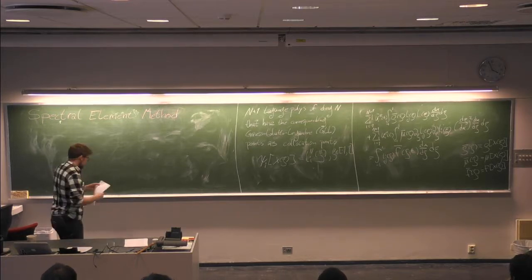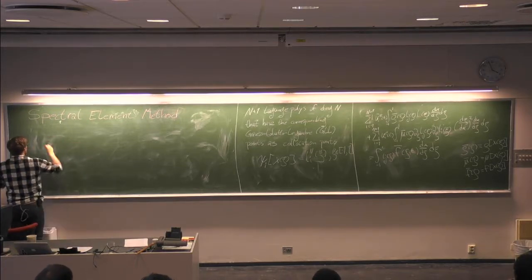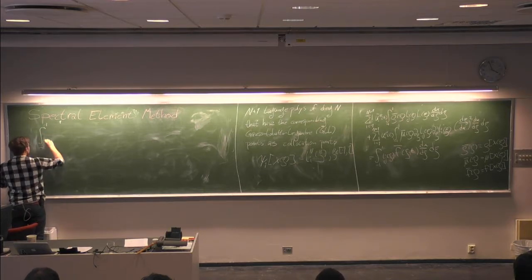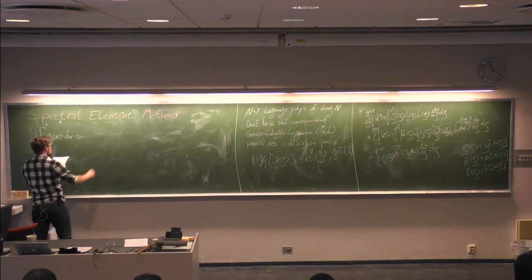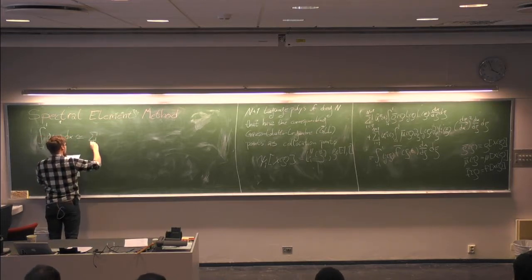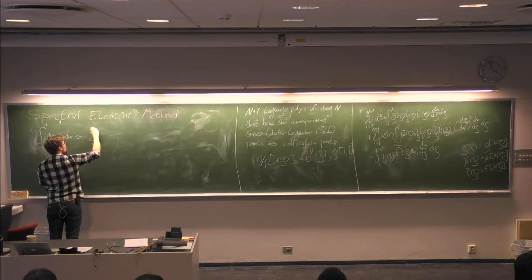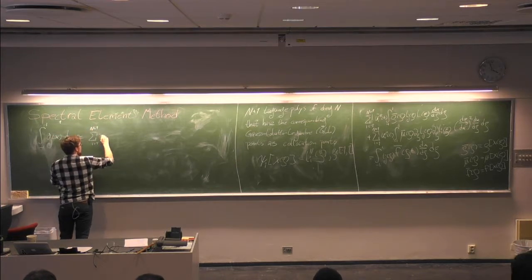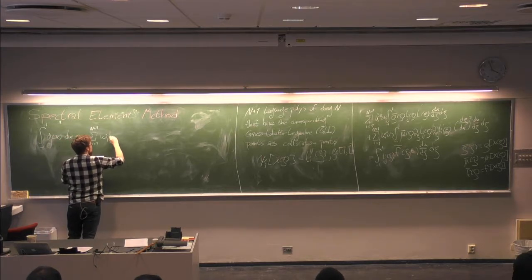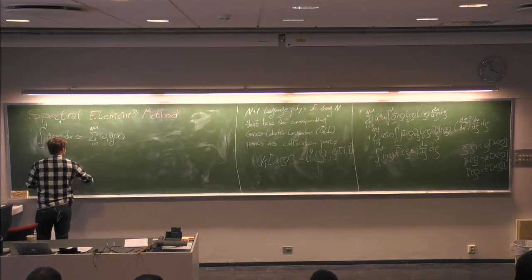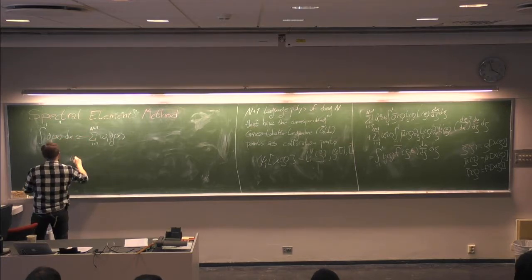So this integral from -1 to 1, where g here is just an arbitrary function, dx, we approximate this way, with a weight omega_i times g_i, where these weights can be pre-computed.